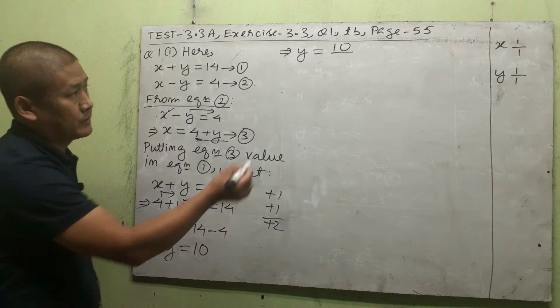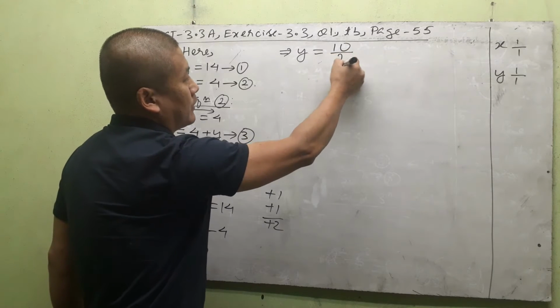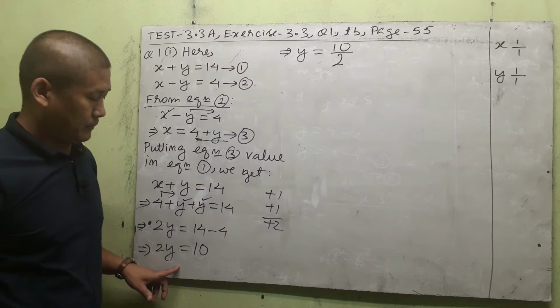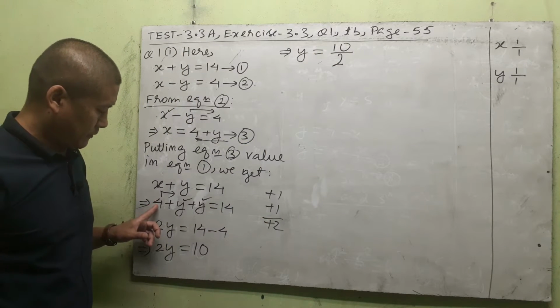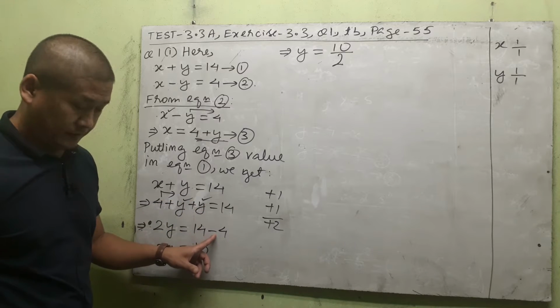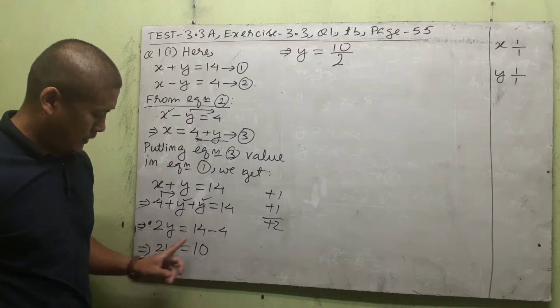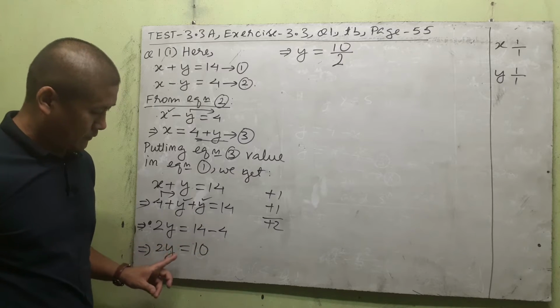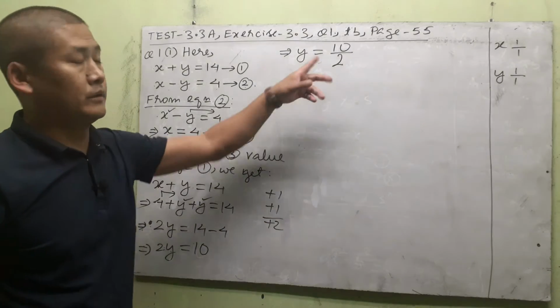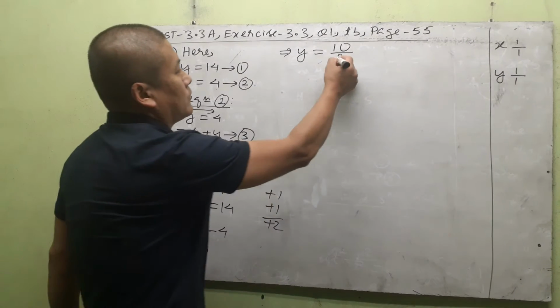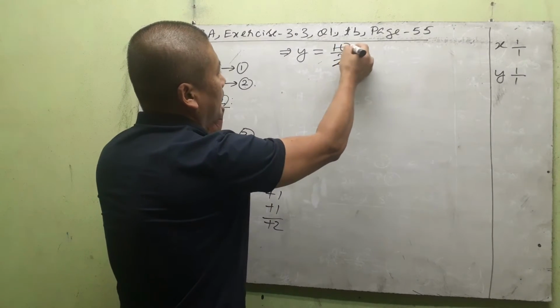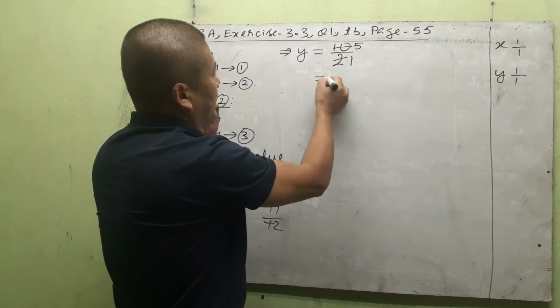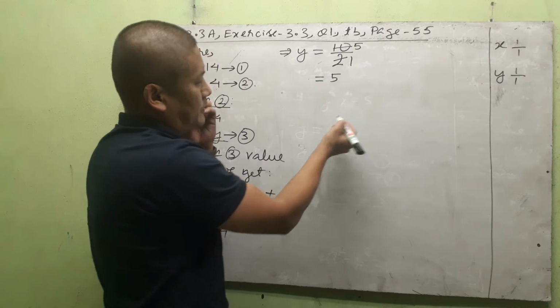If you shift it to the right side, it will go down. Multiplication becomes division. You shift plus 4 from the left side to the right side, it becomes minus 4. But if you shift 2 multiplication from left to right, it will become divided by 2 and go down. So 2 1s are 2, 2 5s are 10. So the y value is 5.